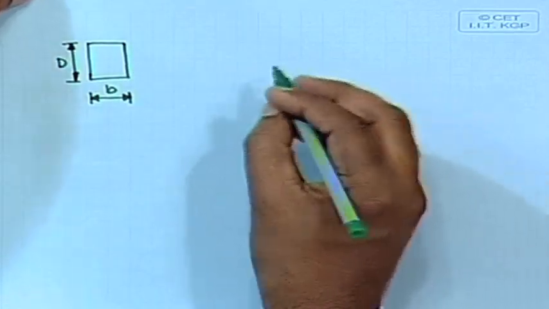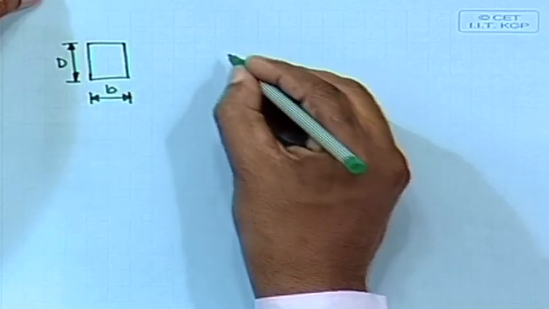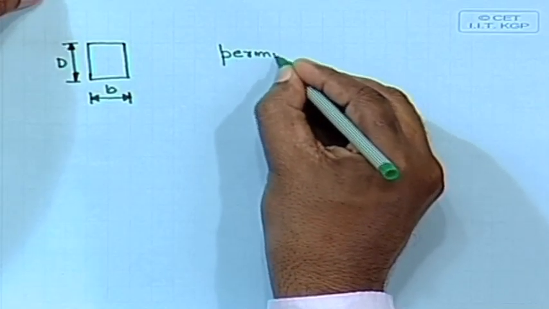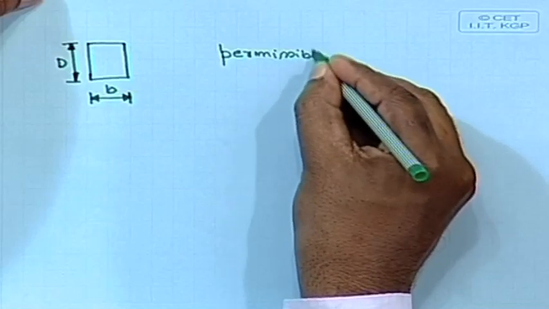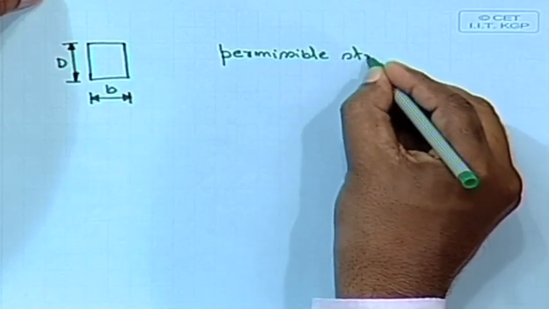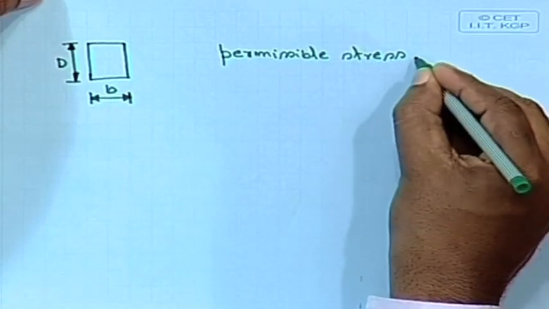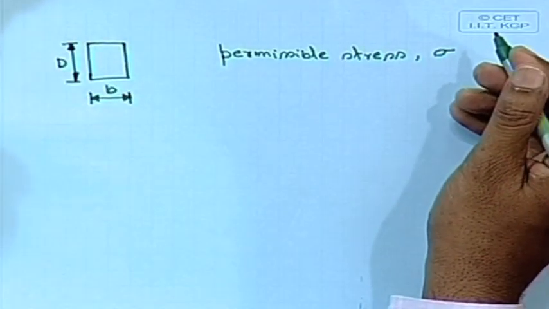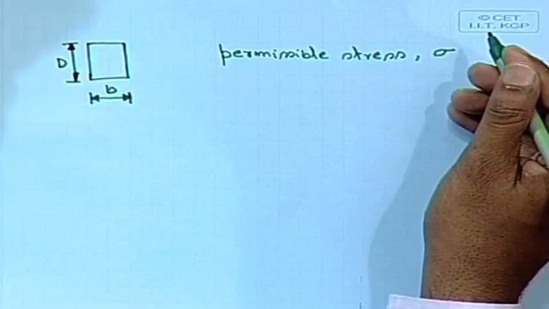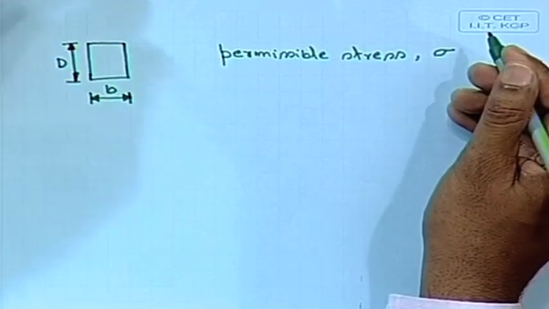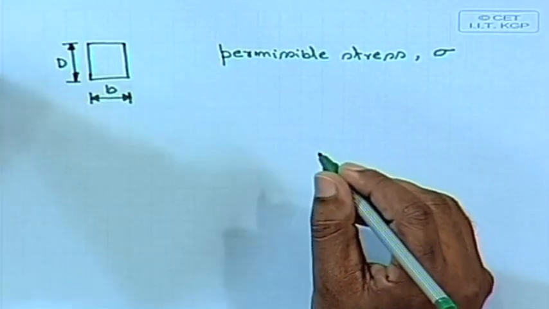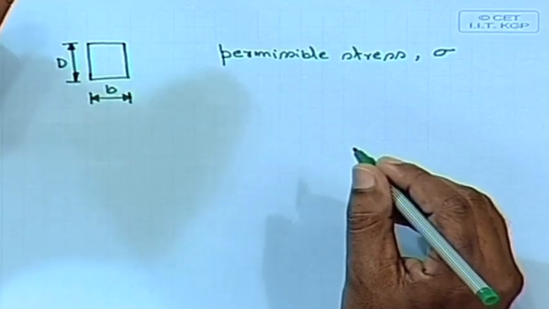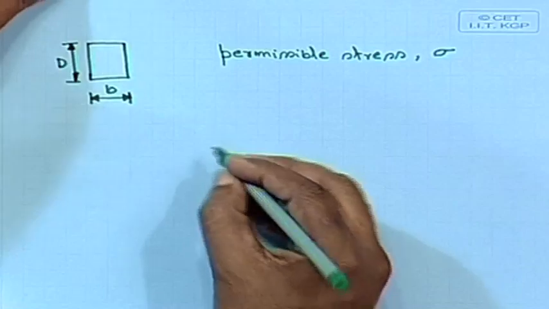Maybe we can consider a permissible stress, say sigma. That means, if it is more than that, then we shall consider the section failed. That is the thing we are considering here. This is the section of a beam.